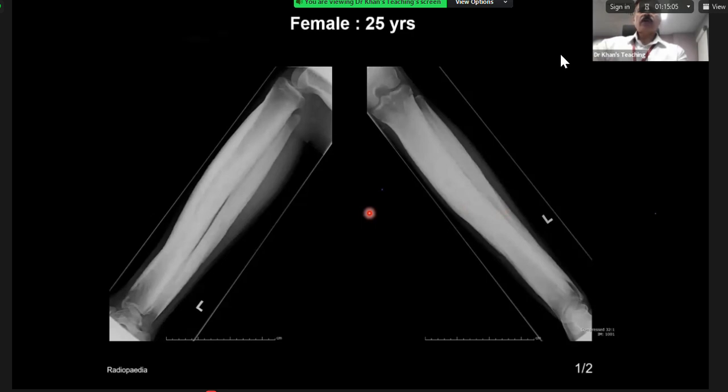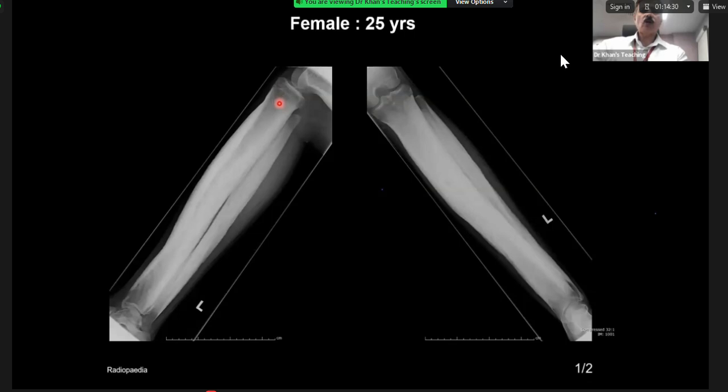Now, this particular case I have kept for differential diagnosis. There is a bit of sclerosis, but anatomically speaking, can you describe it for us? Where is it? It's right here. Excellent. If you look carefully, this is the epiphysis, this is maybe the metaphysis.